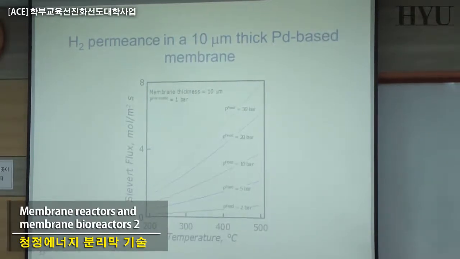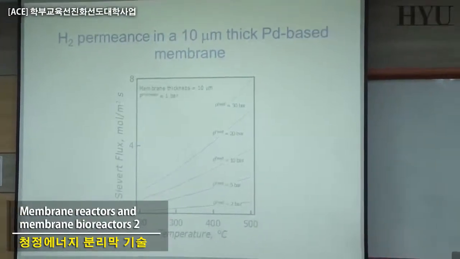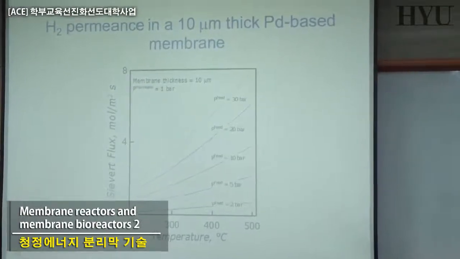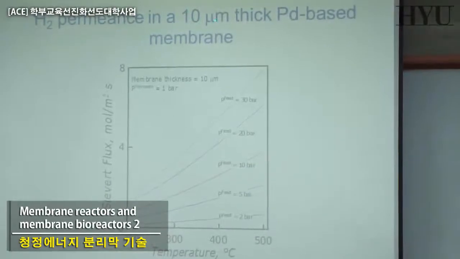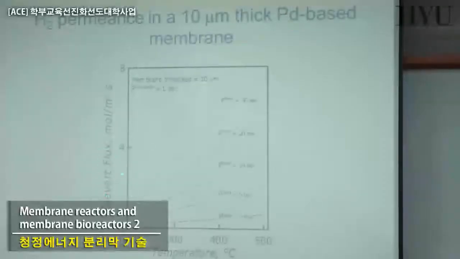The thickness of the membrane can also have a significant influence in this kind of operation. You can see here the case in which we are working with 10 micron palladium-based membranes. The Sieverts flux across is of the order, you can see the number here, 0.48 in the units we are using here, as a function of temperature on the abscissa.